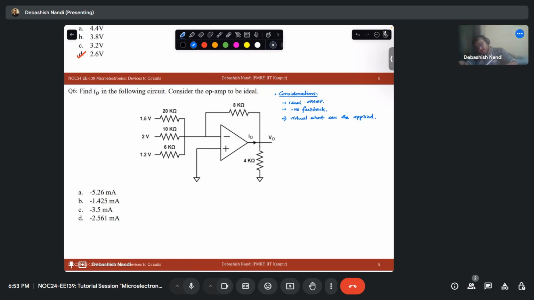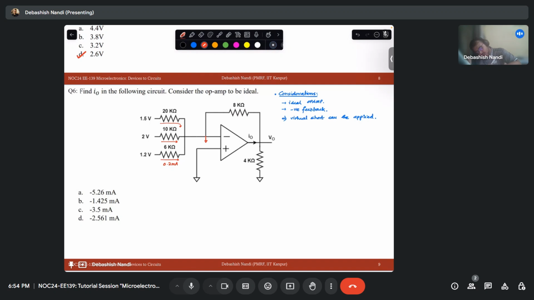So this is ground from the virtual short concept. Now what is happening? One current is flowing in this path, one current in this path, another current in this path. So this is 1.2 divided by 6, or 0.2 milliampere.